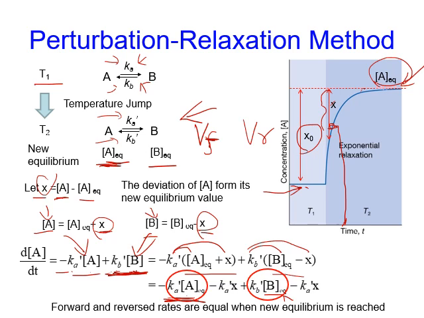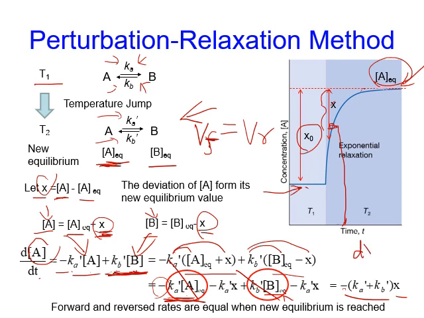Now at equilibrium, these two reaction rates, forward and reverse, should be equal, and therefore they cancel each other because you have a negative sign here. So what we get now is just the negative of the sum of the two rate constants times x. Now note that A equals the equilibrium concentration plus x. x is a variable, so the derivative of A over t is just the derivative of x over t.